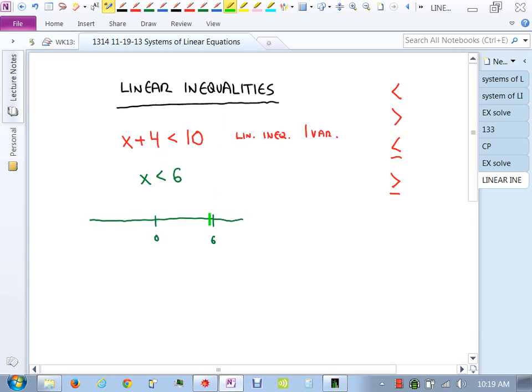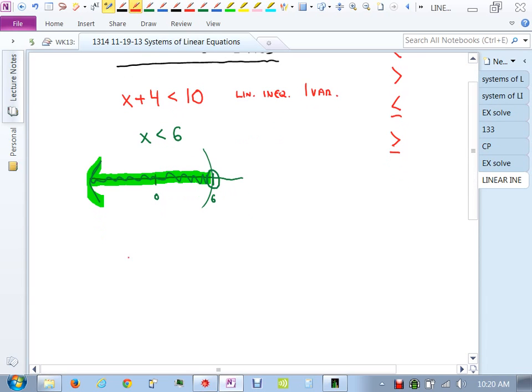So we would shade this entire side of the line. And since we don't want 6, you put an open circle there. Some instructors use a parenthesis like that. But the whole idea is that 6 is not included, right? 6 is not an answer. Y'all agree?